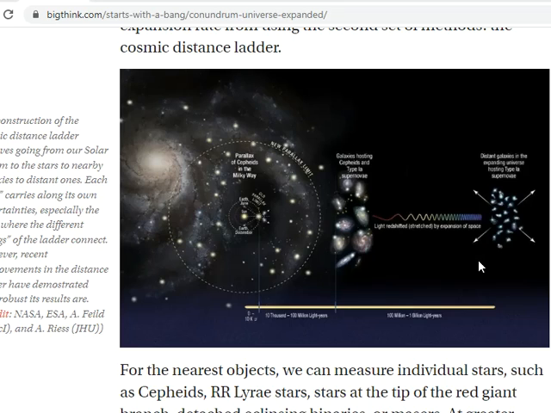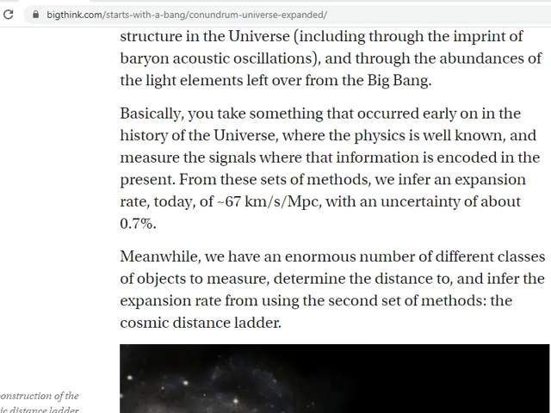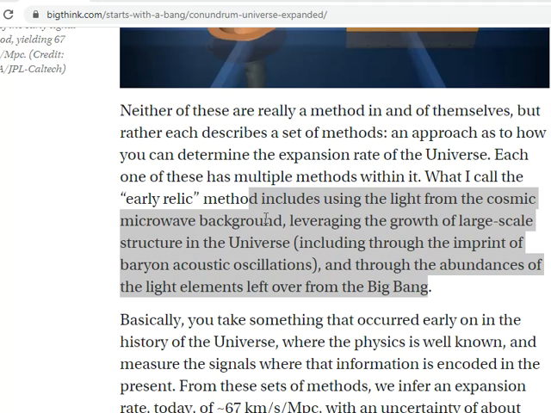Now, as far as figuring out what the Hubble constant is for the cosmic microwave background radiation, I just have no idea how. Let's see, where did he say that? He says that it includes using light from the cosmic microwave background, leveraging the growth of large-scale structure in the universe, including the imprint of baryon acoustic oscillations, and through the abundances of the light elements left over from the Big Bang.